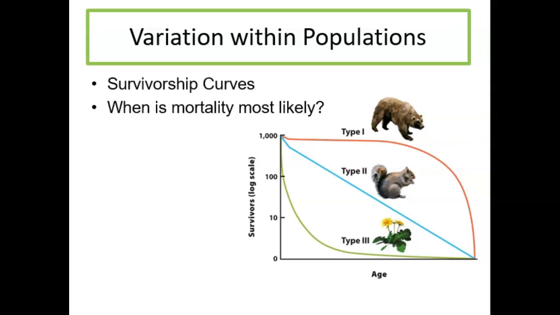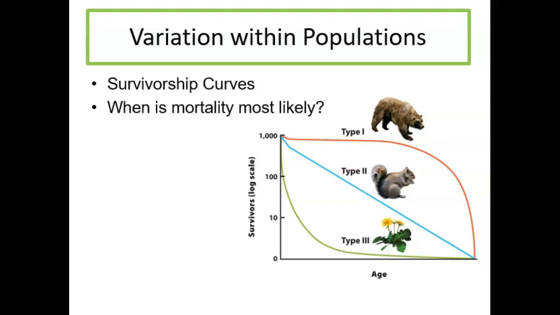Another example might be fish. Fish lay, in some cases, hundreds of thousands or millions of eggs. The vast majority of those eggs don't make it. And so, as those eggs are not surviving, the mortality is very high early on. And even young fish, right? When you're a little tiny fish that's half an inch long or an inch long, who eats you? Everything.